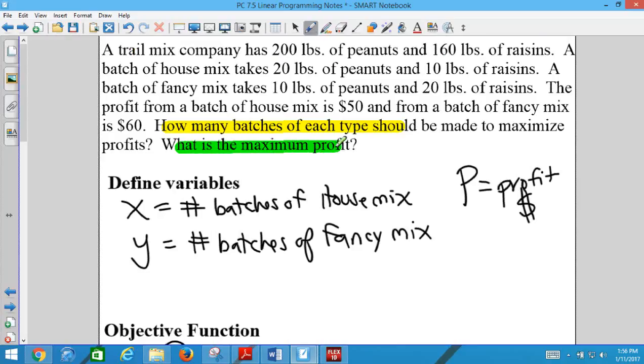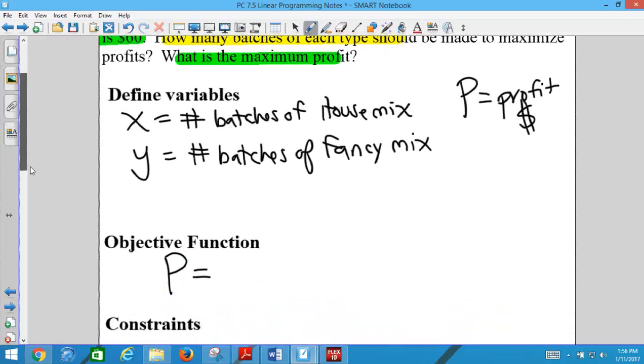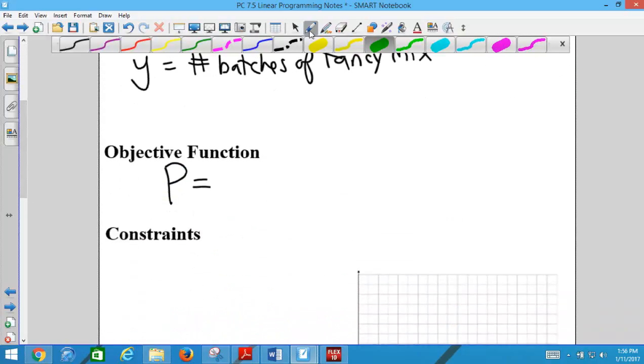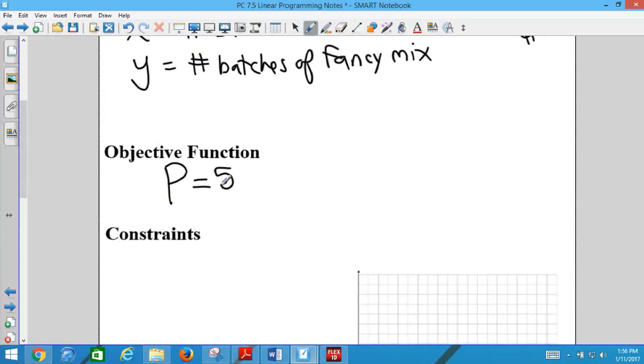Do you see anything that has to do with making money? $50 per batch of house mix and $60 per batch of fancy mix. So I heard you say it. You'll be doing 50 times the number of house mix batches plus 60 times the number of fancy mix batches. That's how you would find your profit.